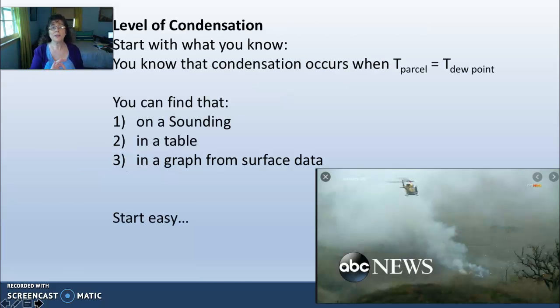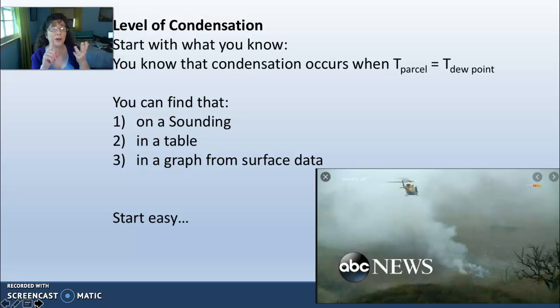You already know that a cloud forms and condensation forms when the temperature of the parcel goes down to the temperature of the dew point. So the temperature of the parcel in rising drops its temperature and meets the dew point. You already know that. And now we're going to learn what you probably already are thinking about: finding that level of condensation on a sounding.